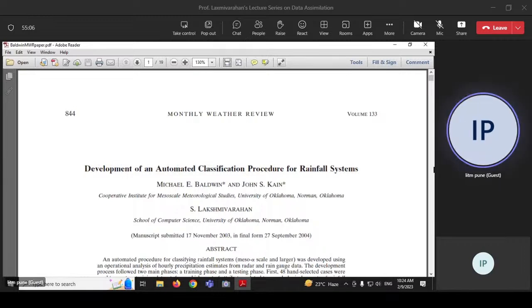It may rain in one half of the street. It may be dry in the other half of the street. So we wanted to be able to classify the features of various different types of rains. This is again a classification problem.